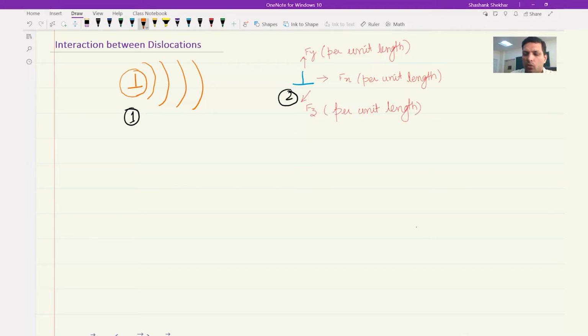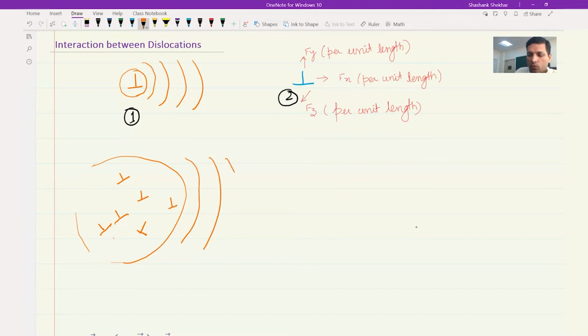It need not be just one dislocation. It could be a bunch of dislocations together at some distance, and together they have some stress field which is causing forces on this dislocation.